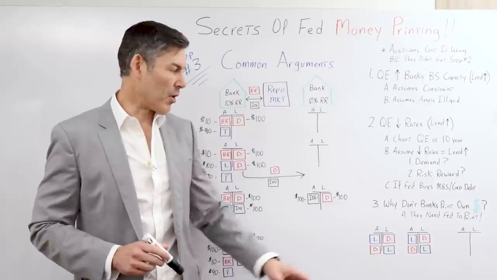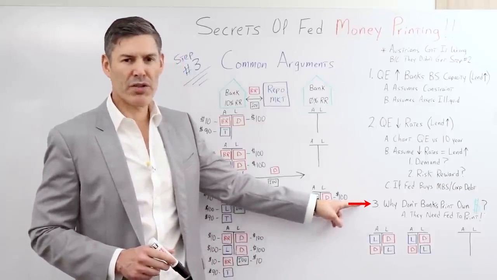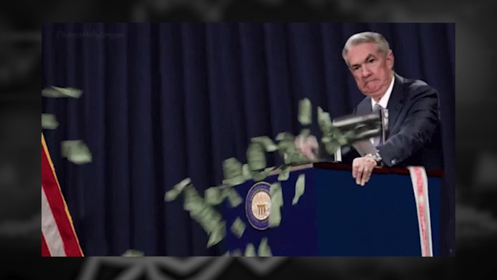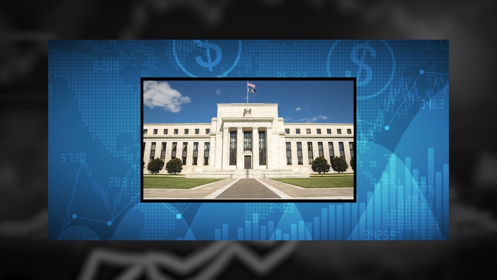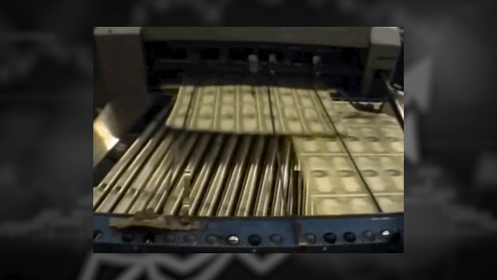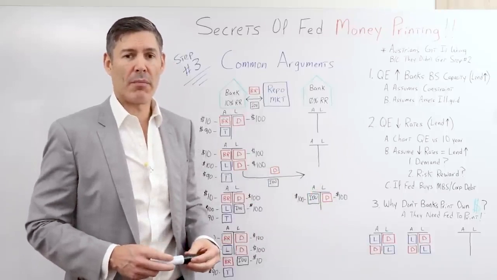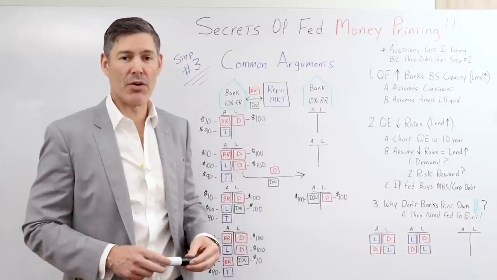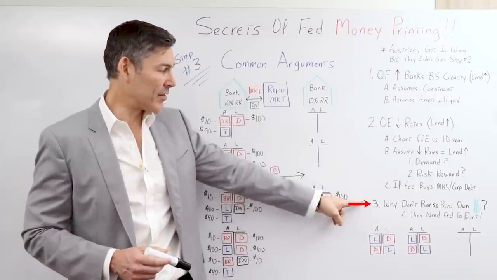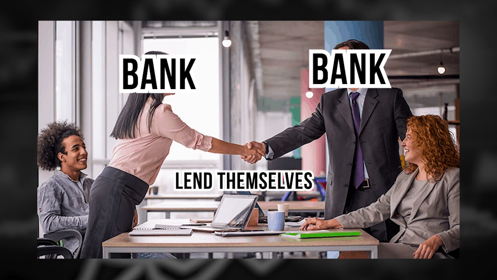And another thing that people always push back on in social media is they say, well, George, the Fed has to print money. They have to be at the center of the dollar universe. Because if the banks could print money just at will, and they didn't have anything that constrained them, if the Fed didn't control how much money they could print or how many loans they could create, then the banks could just lend themselves money and they'd all be rich.